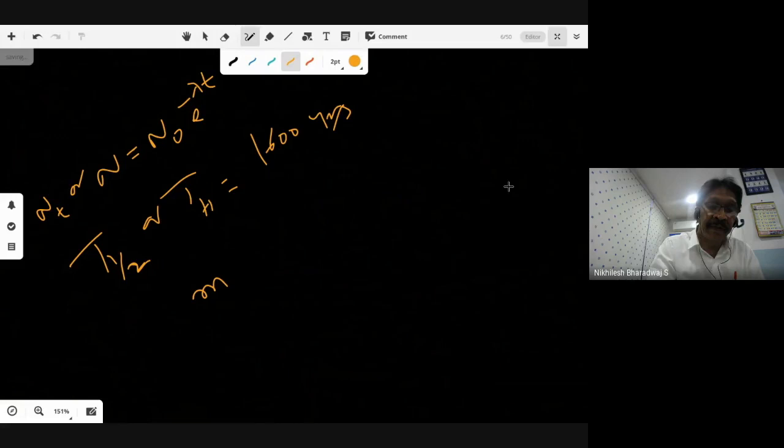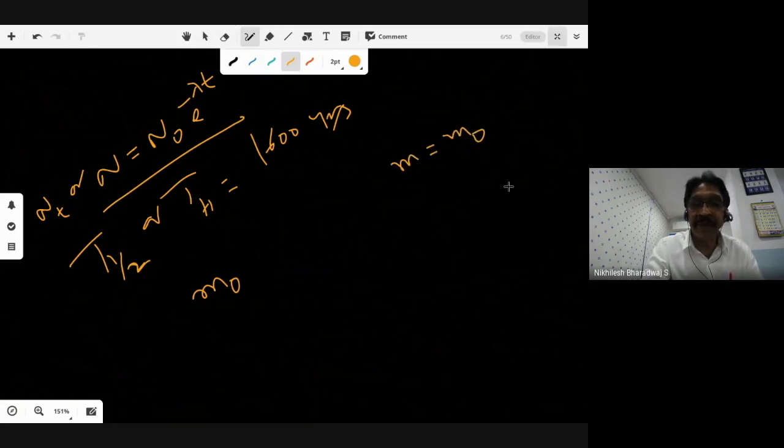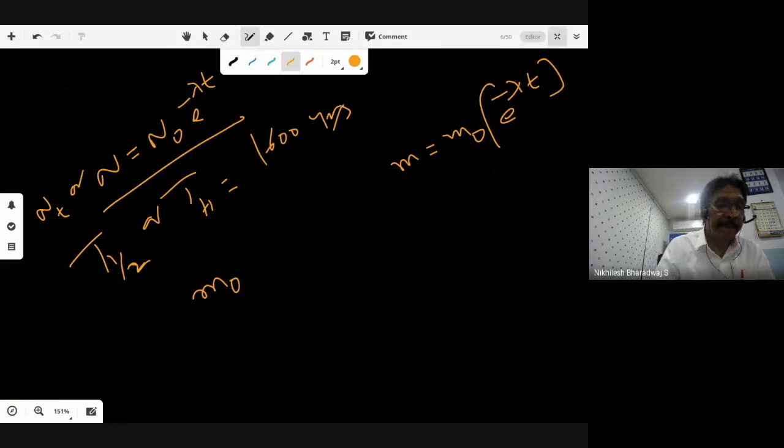Same thing, instead of N equals N0 into e to the power of minus lambda t, you can write M equals M0 into e to the power of minus lambda t also. So M0 is 1 gram, Mt is 0.125 gram.